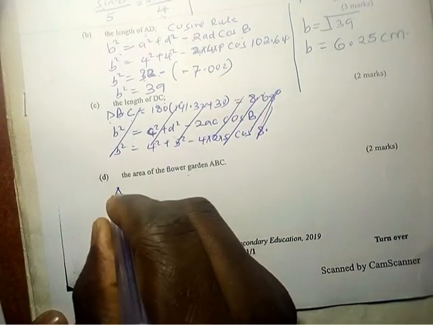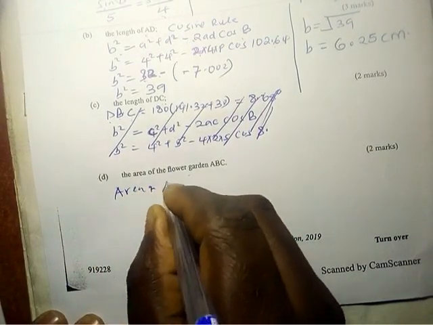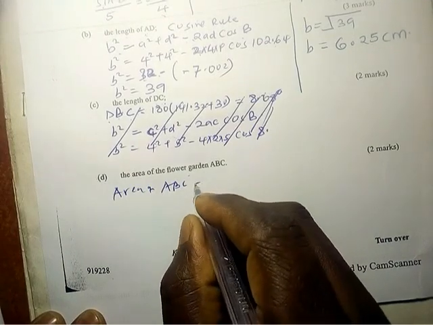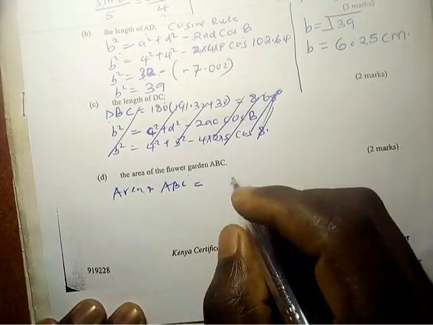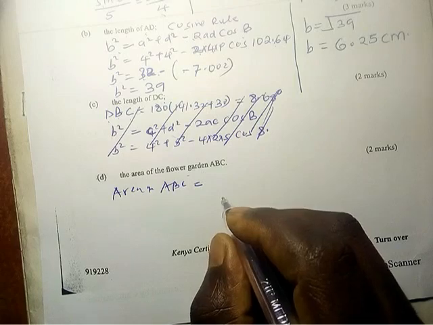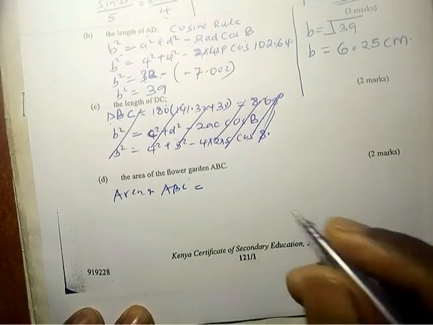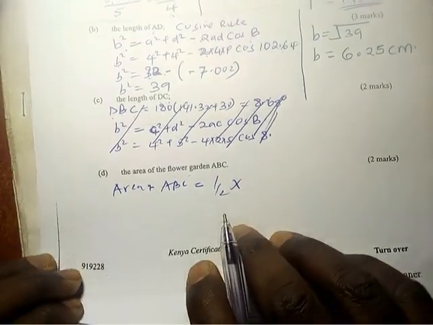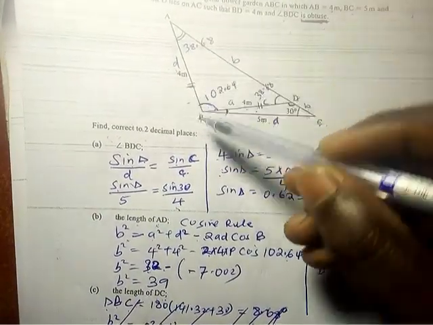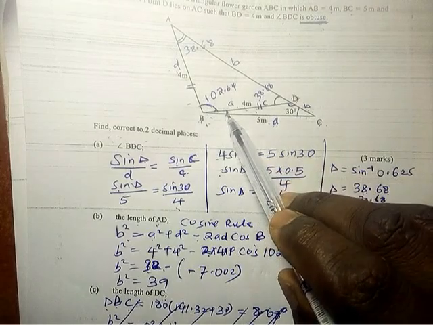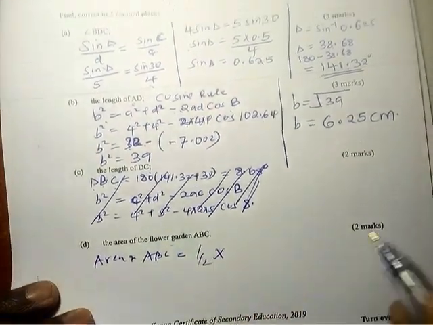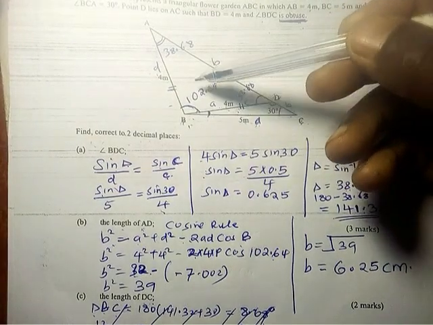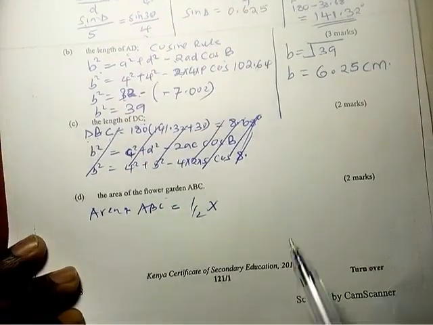So area of ABC will be a half times 4 times 5 and then this total angle here. You can do that once only. Use the total angle from here up to here instead of doing separate.